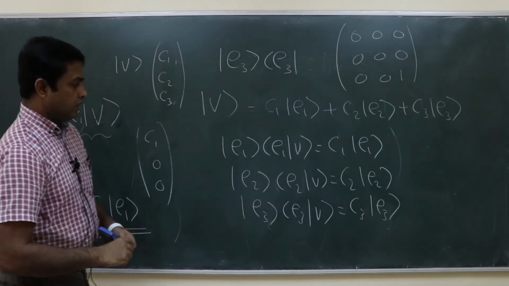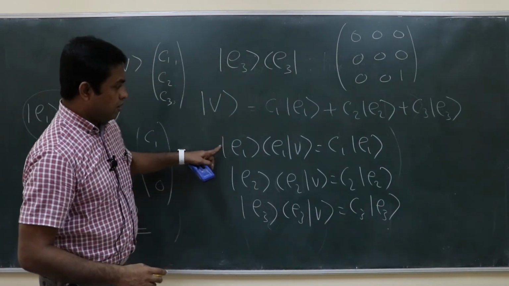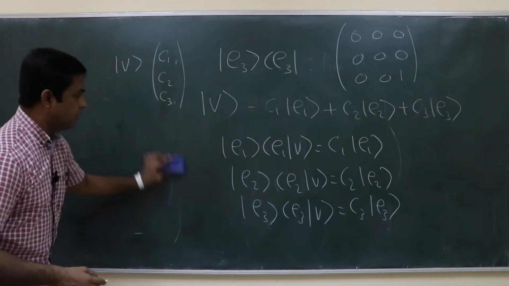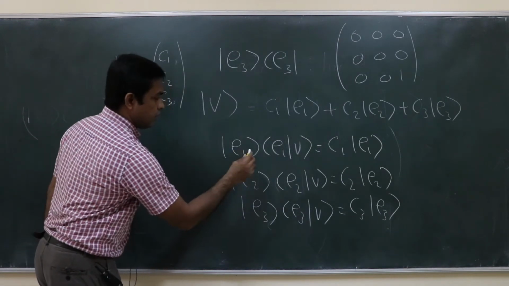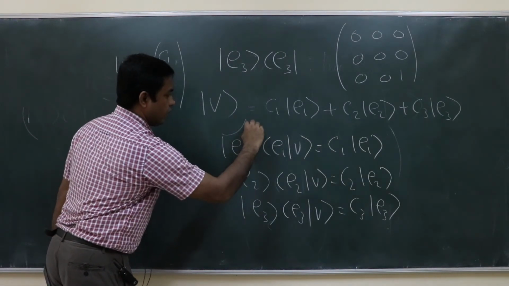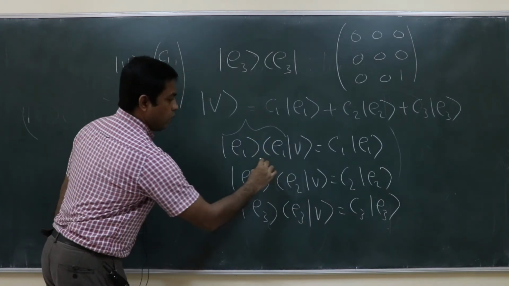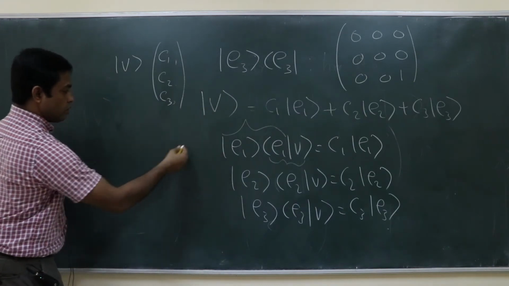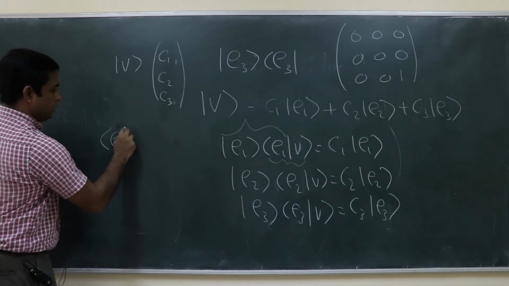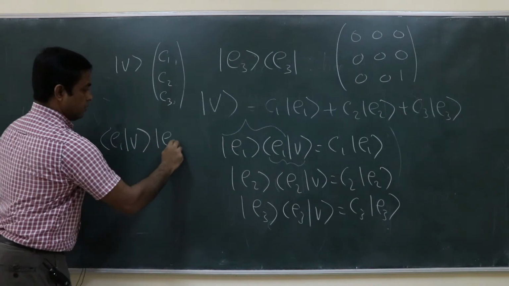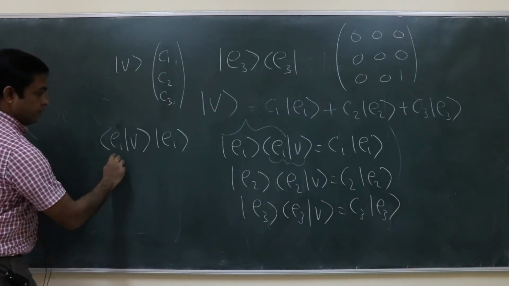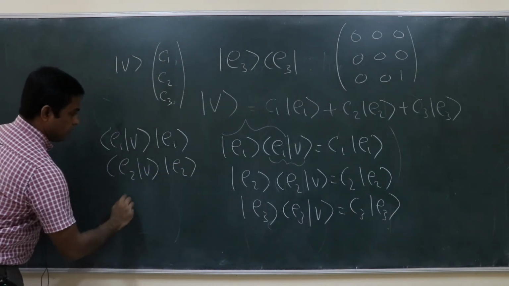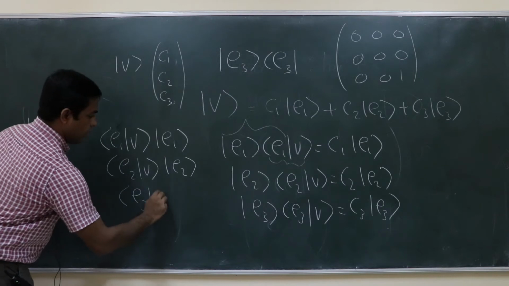Now, this one you can see as an operator, or this one you can see as a number, as I told you earlier. So this is also the same as bra E1 V ket E1. Each of these I can write like that: bra E2 V ket E2, then bra E3 V ket E3.